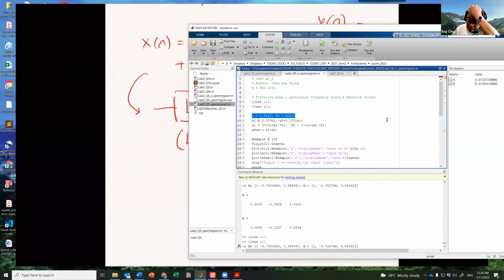I'm going to generate a signal that is 8,000 samples long. The first frequency is 0.05 pi. The second frequency is 0.375 pi. Both signals are the same. Okay, and then I'm going to sum and I'm going to run.